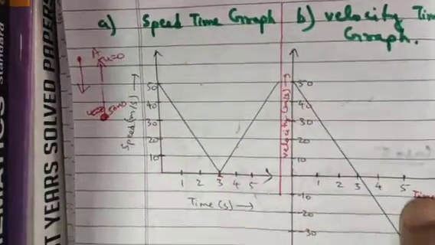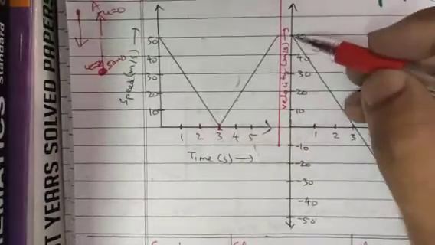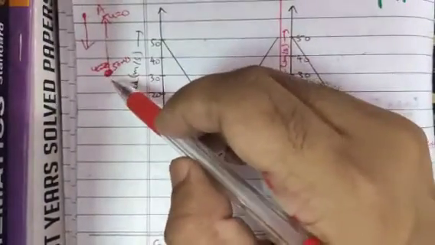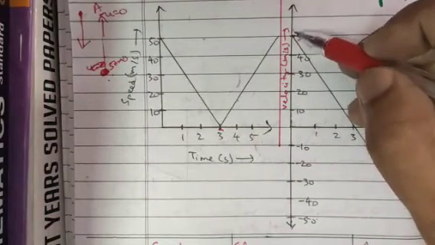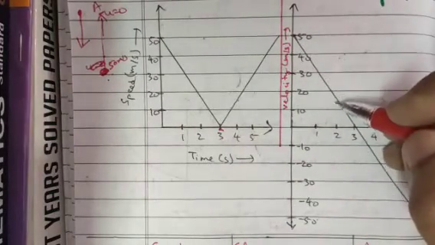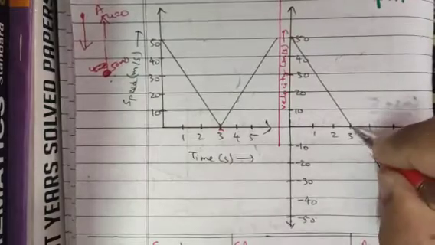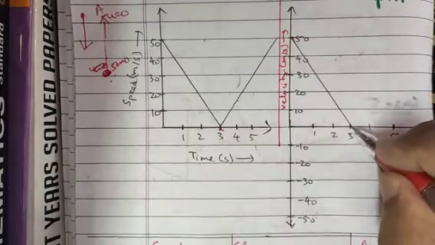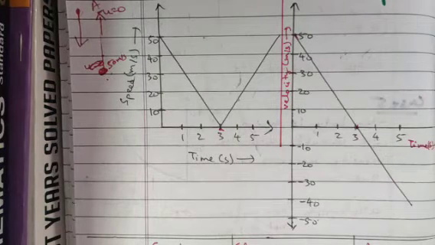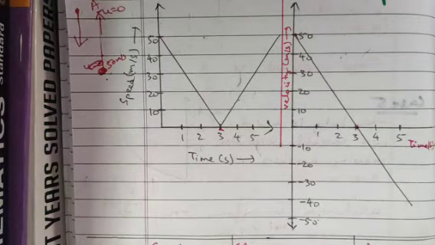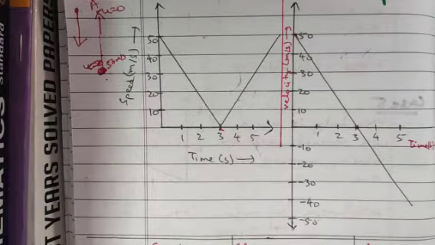Okay, but what about velocity time graph? Velocity time graph, when the body is moving from 50 to 0, then the velocity is decreasing, 50, 40, 30, 20, 10, and then 0 meter per second at 3 seconds. But when the body is going down, now the speed will be increasing in the negative direction.